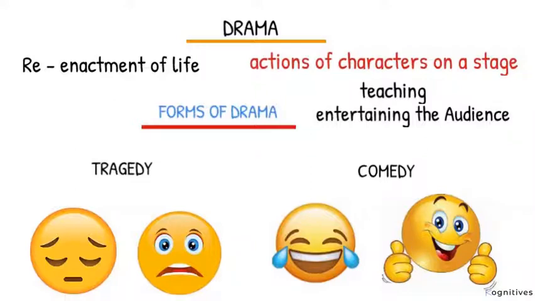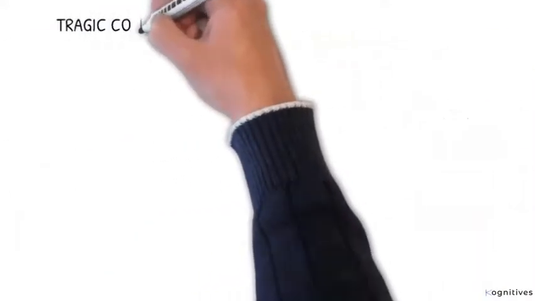Number three, tragic comedy. Tragic comedy is a play which has both humorous incidents and traits of tragic events. It combines tragedy and comedy. There is tension at the beginning and laughter at the end.